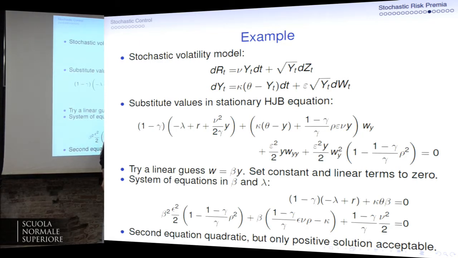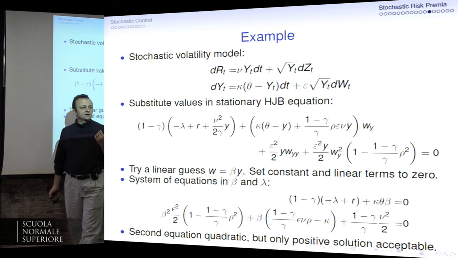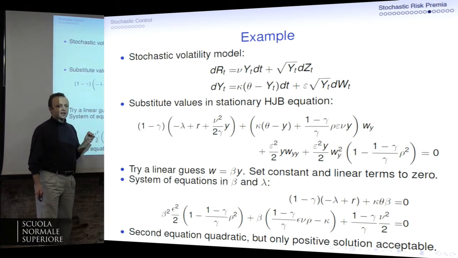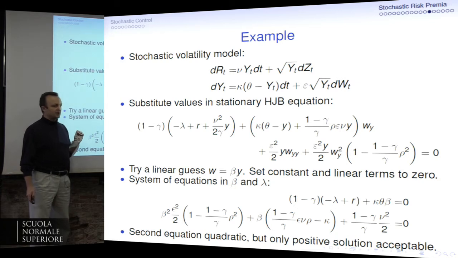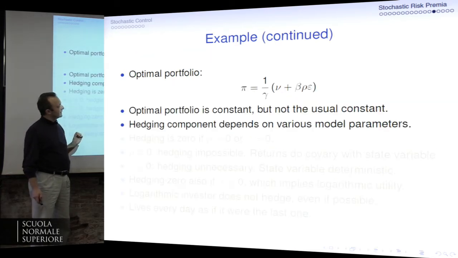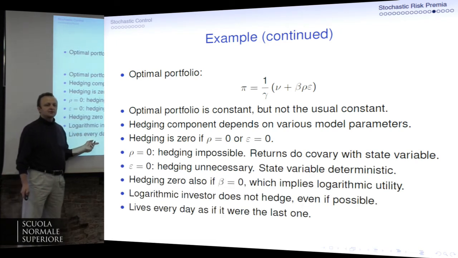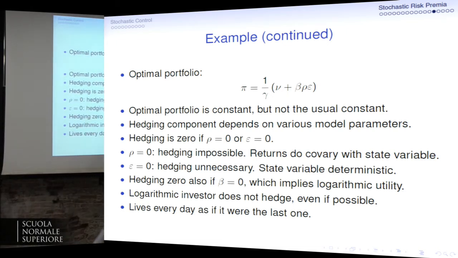Well, nu cannot be 0, otherwise it means there is no risk premium. Well, gamma has to be 1. So you see that the only guy who doesn't want to intertemporally hedge is the logarithmic utility guy, who does not really care about time-varying investment opportunities. For him, every day is the last one, so he just pretends that the current value is the only value. Everybody else is going to care.